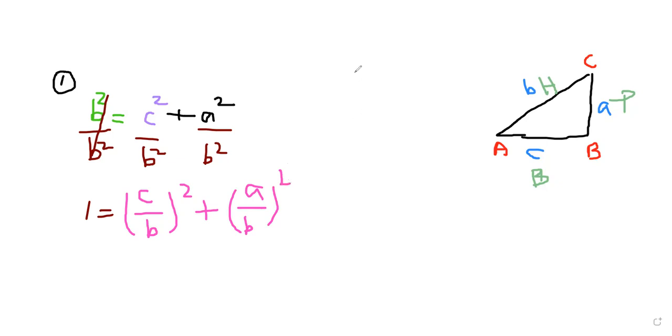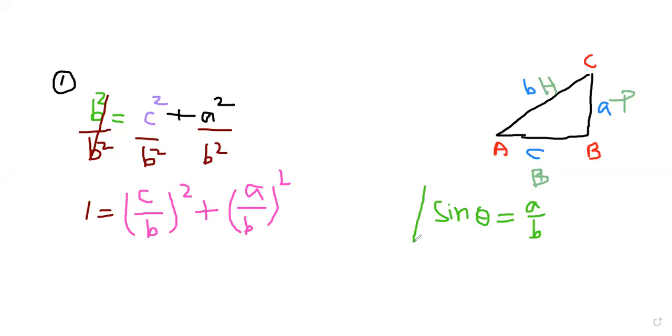From this diagram, sine theta is equal to perpendicular over hypotenuse. Perpendicular is a and hypotenuse is b, so sine theta will be a over b.